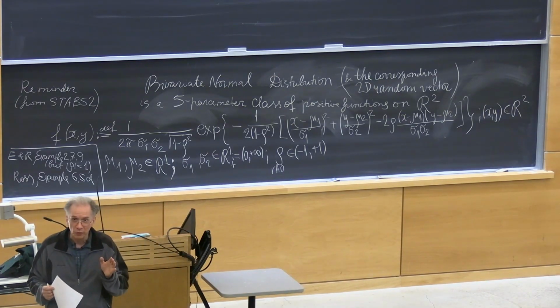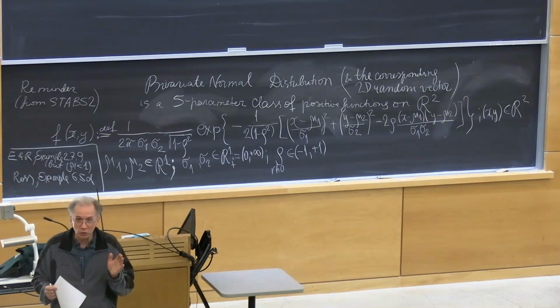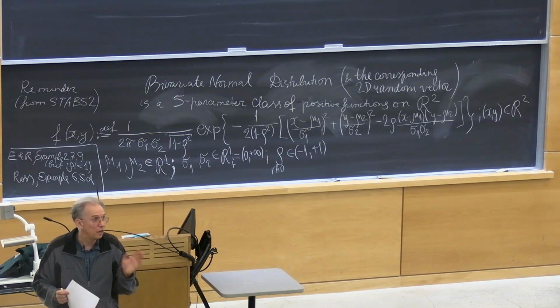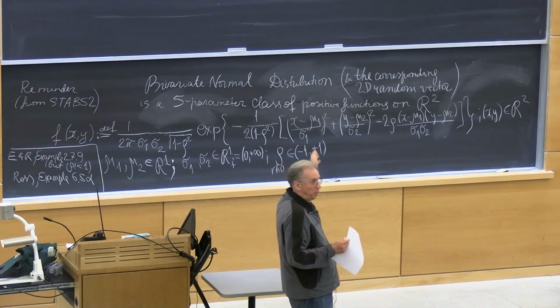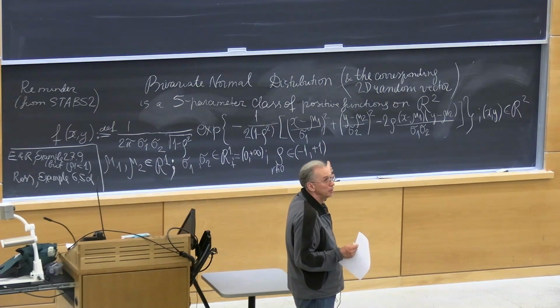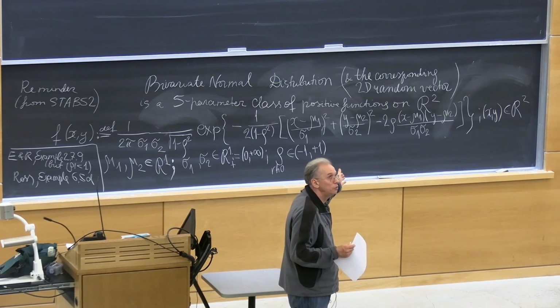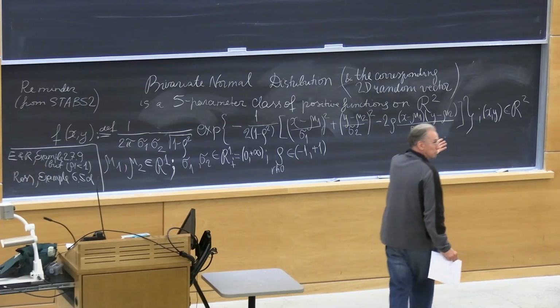For now, I just introduce the 5-parameter class of positive functions. Is it clear? So I have the right to consider such positive functions on R squared.